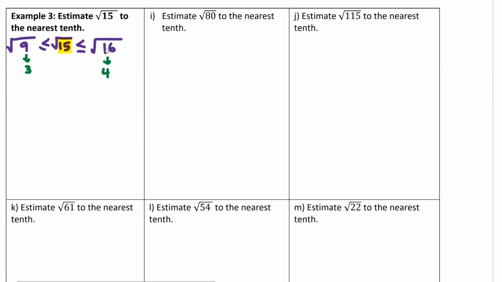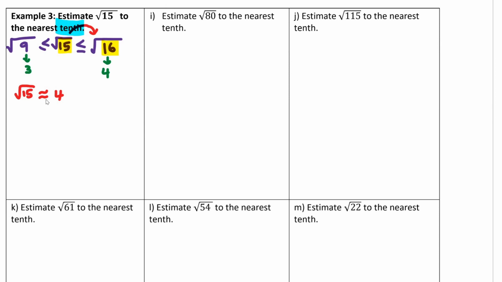15 is closer to 16 than 9, so we're going to round up. The square root of 15 is approximately 4. But they ask you to round to the nearest tenths place value. What I have right now is a whole number, 4.